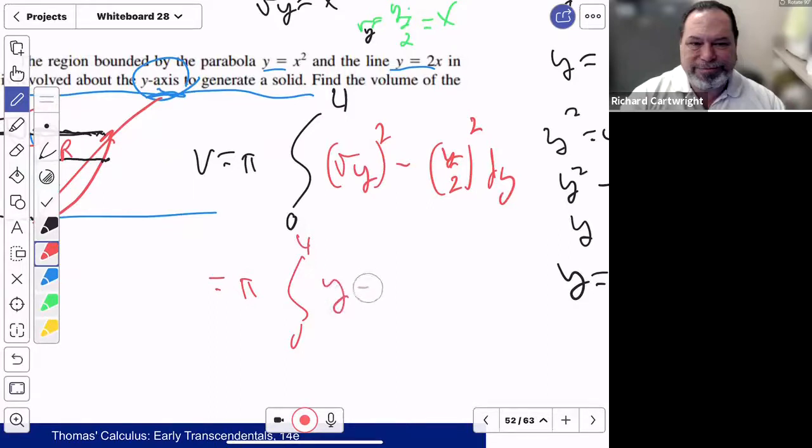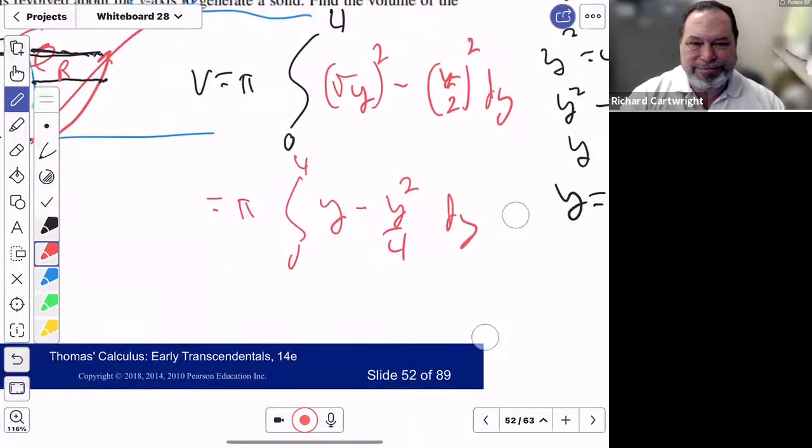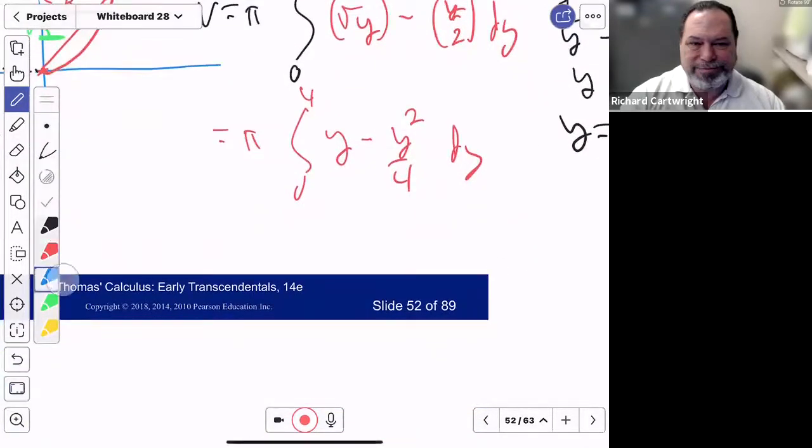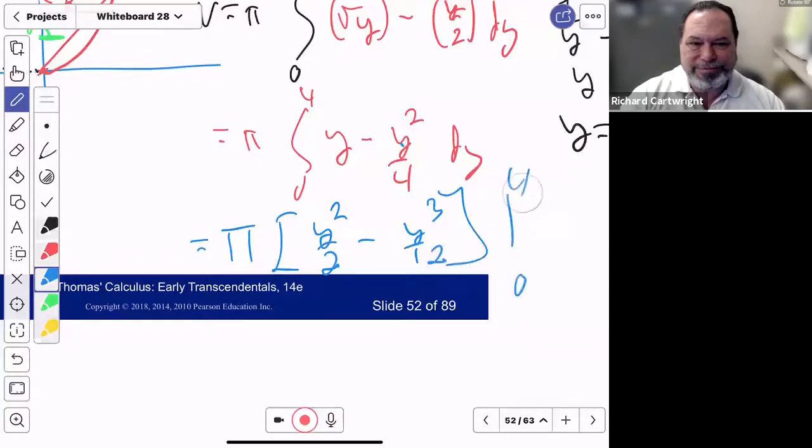That becomes minus y squared over 4 dy. Integrate both pieces. There's a pi. That's a y squared over 2, minus this is a y cubed over 12, from 0 to 4. The good news, 0 is going to make it go away.